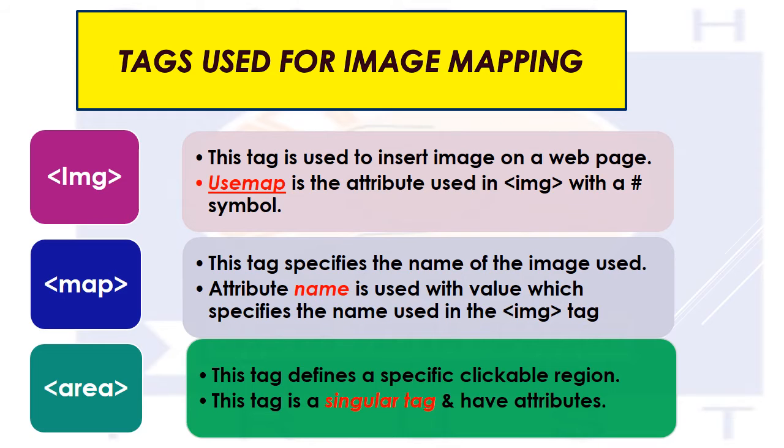That is the area tag. This area tag is a singular tag, it is not a pair tag. So once you open it, there is no need to close the tag. So understood students, these are the three important tags which we use in image mapping. Let's move ahead with the examples.